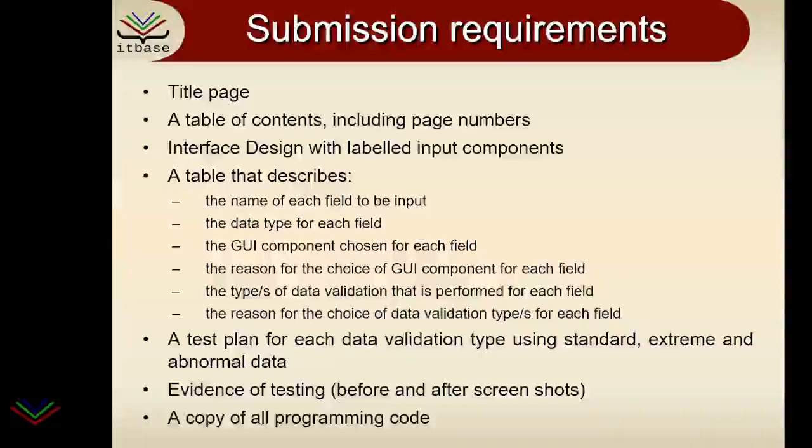For something which involves numbers, you might have to check to make sure that this is the correct data type if you're using a text field for it, and you'll also have to check that it fits inside a valid range. Lastly, you must give the reason for your choice of validation for that particular type. So there'll be several items in this. I'd recommend laying out your pages in landscape with several columns.